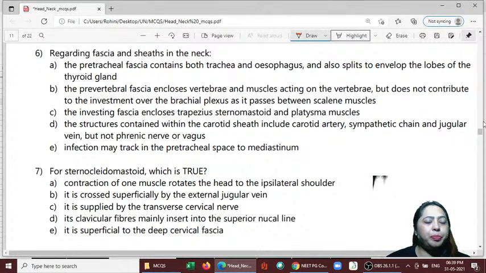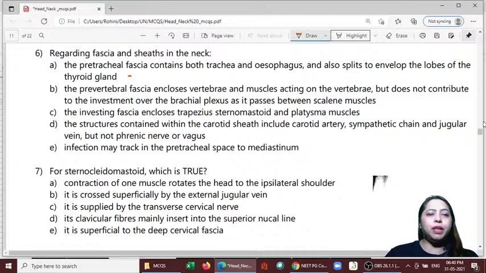Pretracheal fascia, in front of the trachea, contains both the trachea and esophagus, and also splits to envelop the lobes of the thyroid gland. So is this correct? First one.